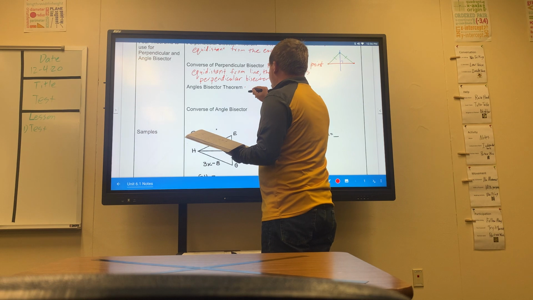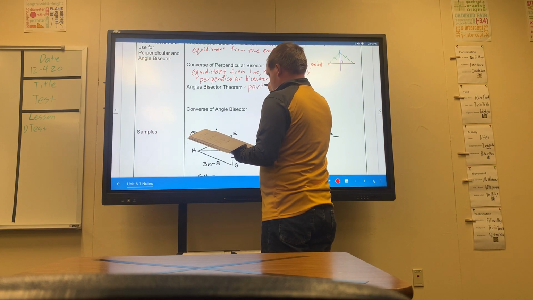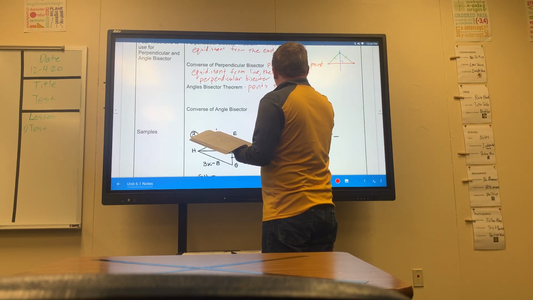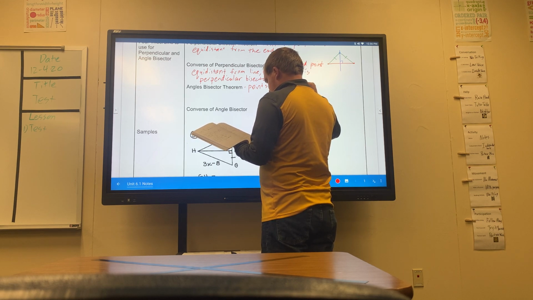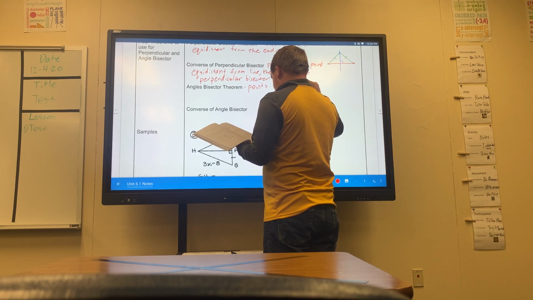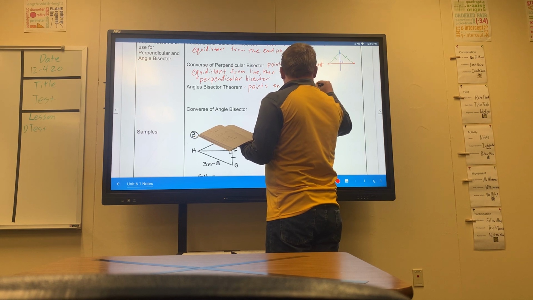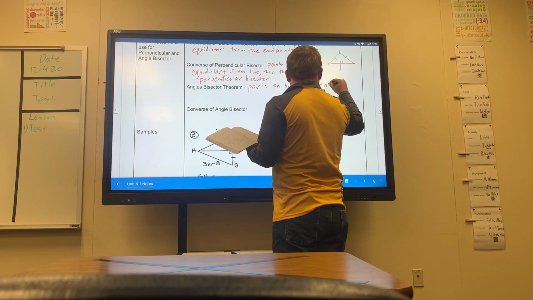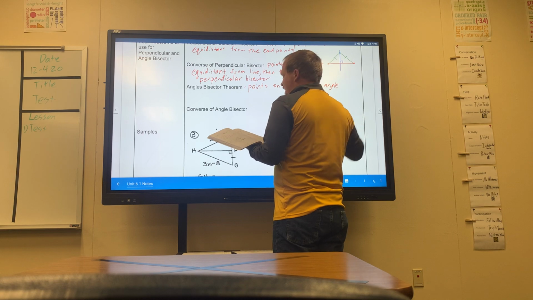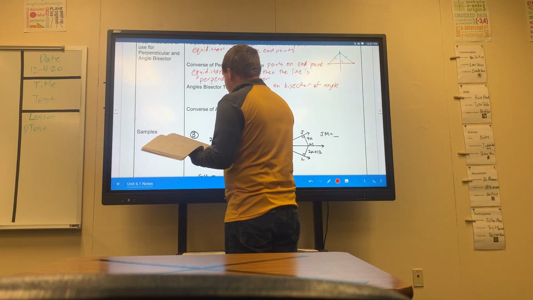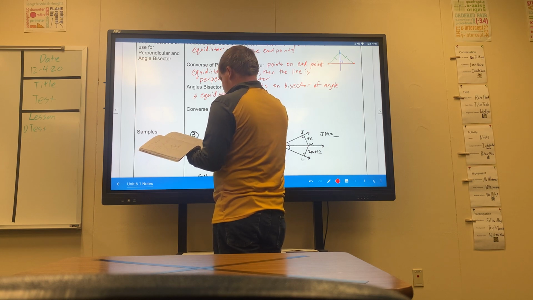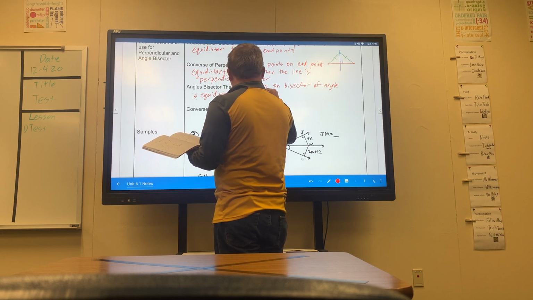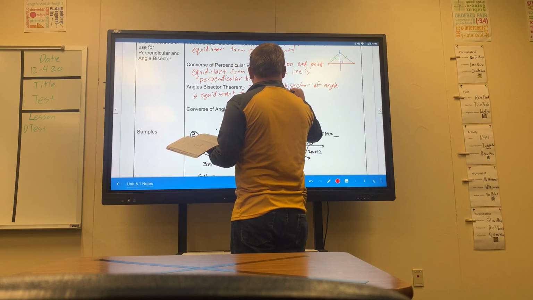Now, angle bisector kind of does the same thing. So there are points on the bisector of an angle. Basically, those points on the angle bisector are equal distance from the two sides.